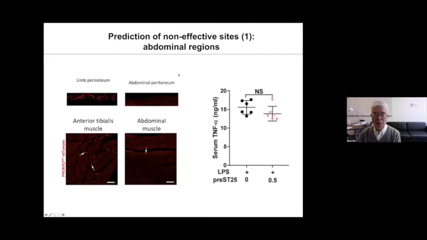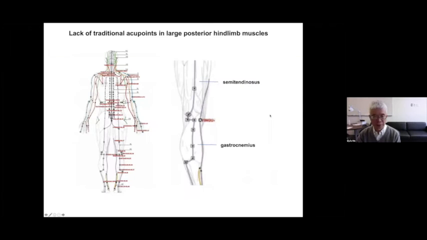And remember the abdominal region I showed you: there is no innervation to the abdominal peritoneum, and also fairly rare innervation to the abdominal muscle. The density compared to the anterior tibialis muscle is almost a tenfold difference. And when you insert the needle into the abdominal region, it has no anti-inflammatory effect.